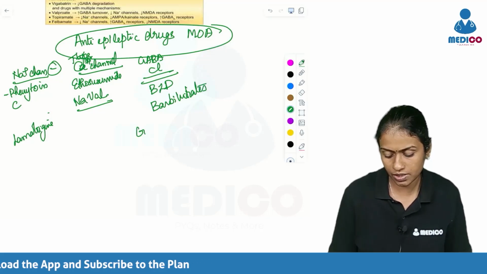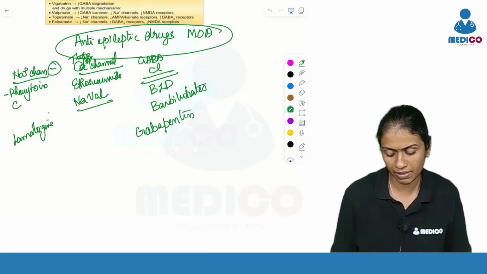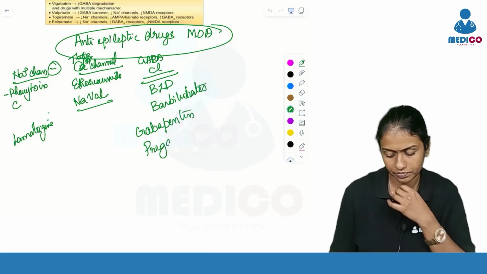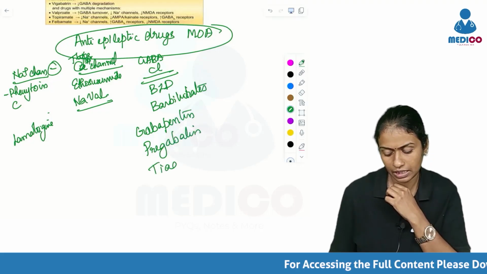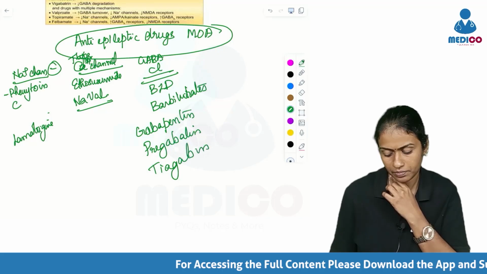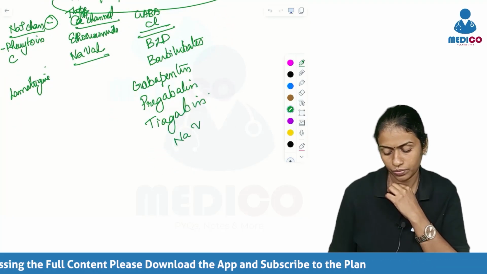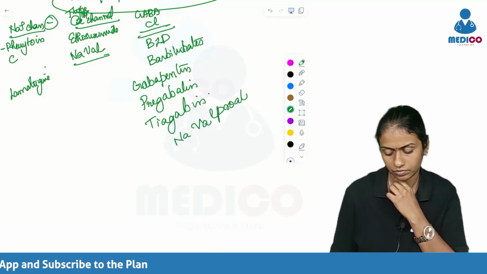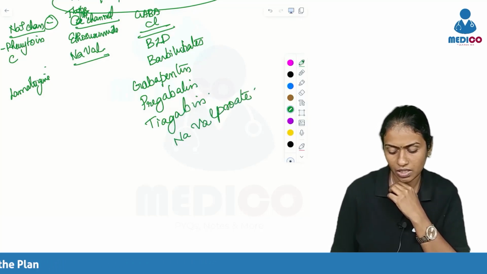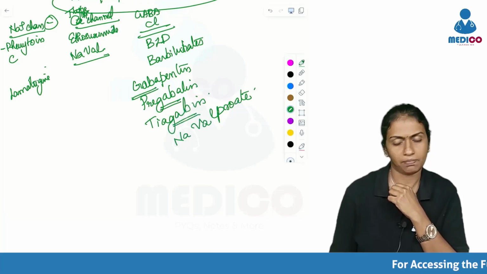One is gabapentin, pregabalin. Another one is tiagabine. Sodium valproate acts here also. One thing you can see here, all of these have GABA in their name.